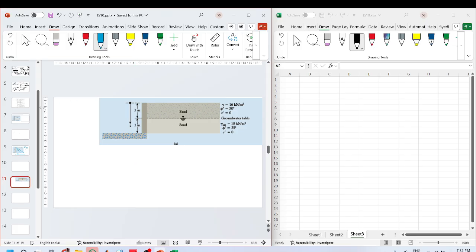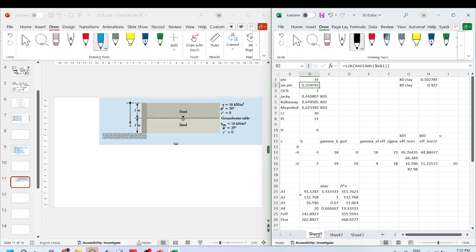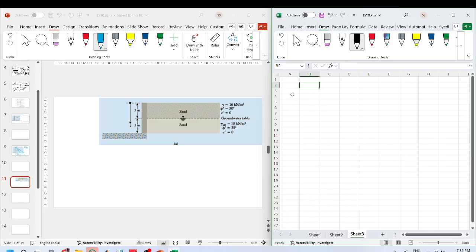So we have a Z, let's say H. This is layer 1, interface 1, layer 2, and we have a height of 3. Then we have a gamma of 16, 8.